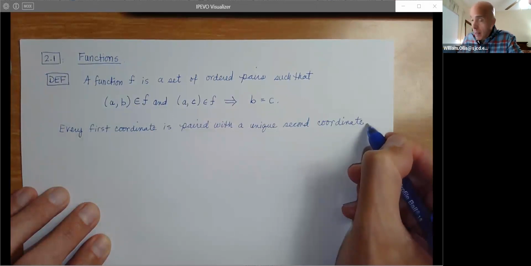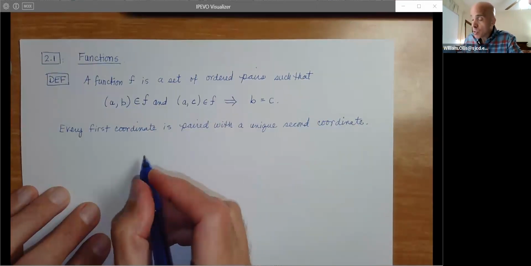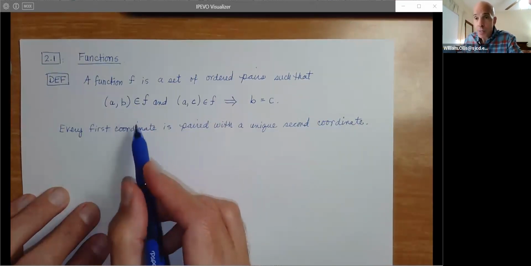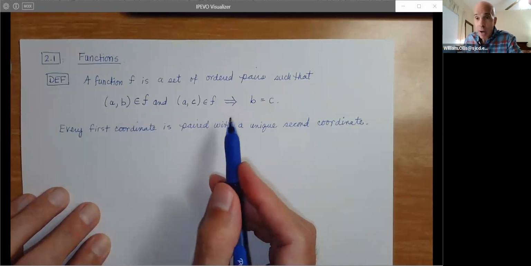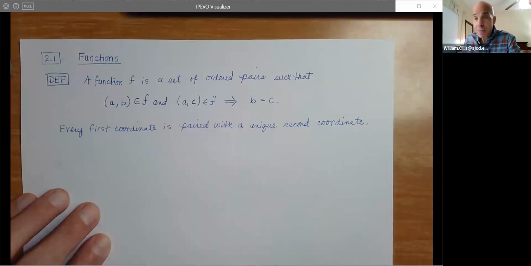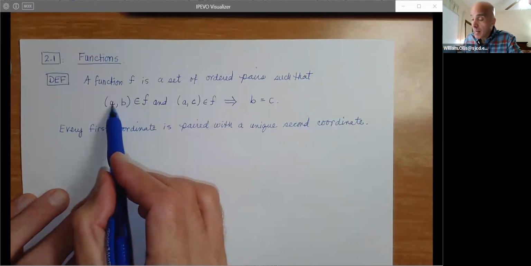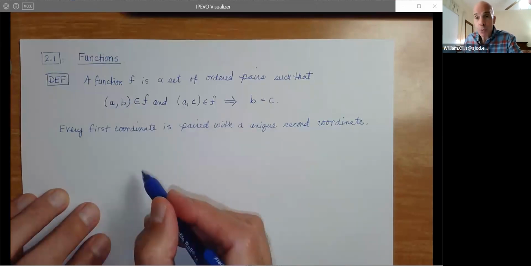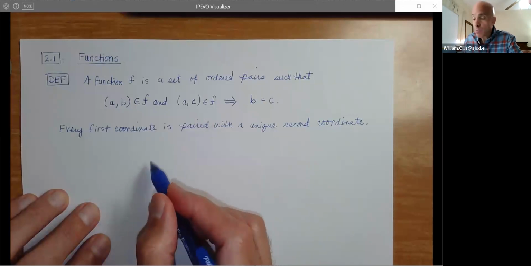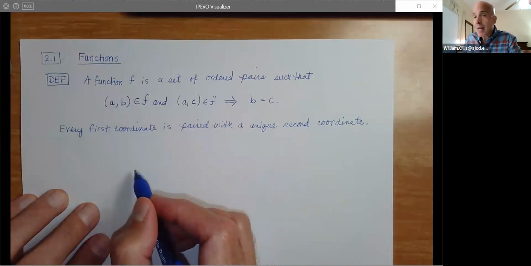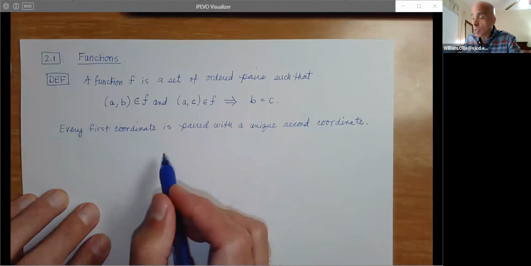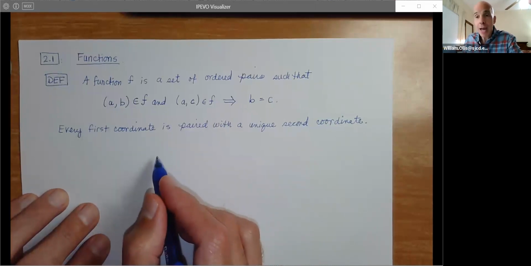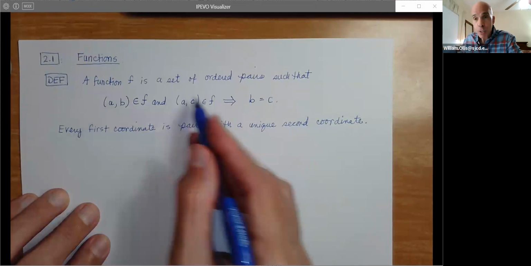Now, we could have functions where all the second coordinates are the same. That's fine. It's just a constant function. It just means, though, that we cannot have a situation where this is true and b does not equal c. That doesn't make sense for the definition of function. And I think something you learned in college algebra is that if you have the graph of a function, it must pass this.